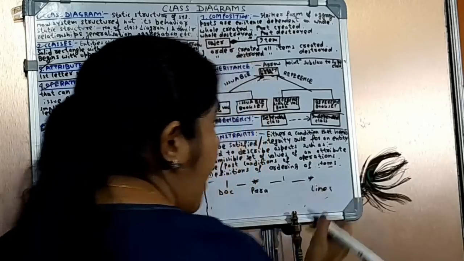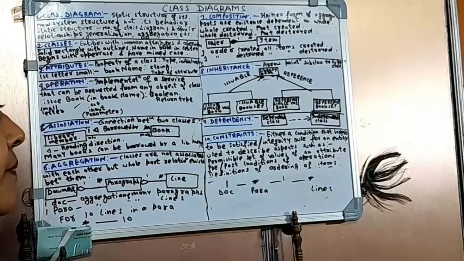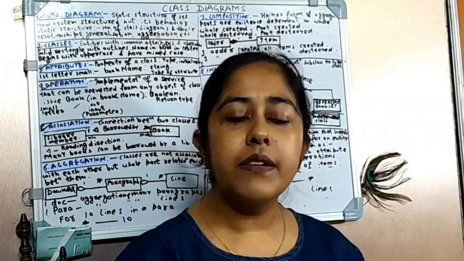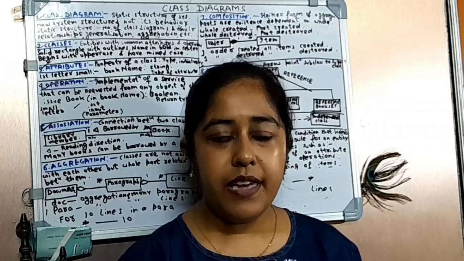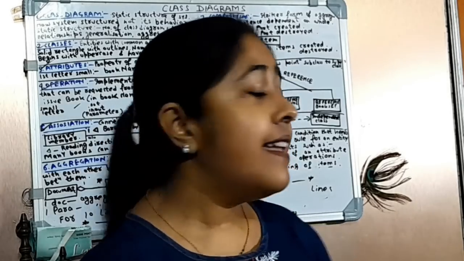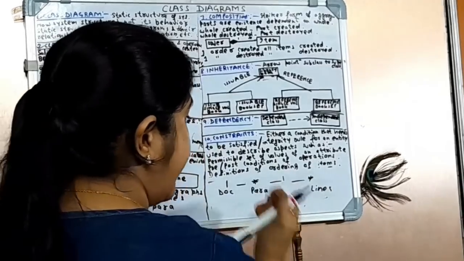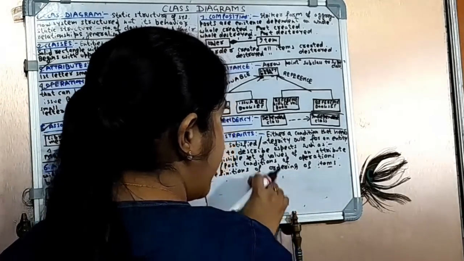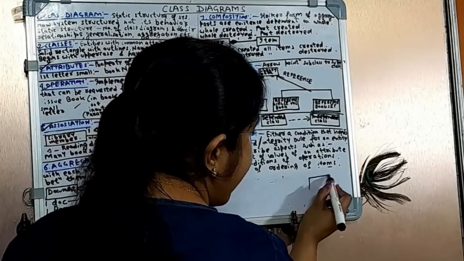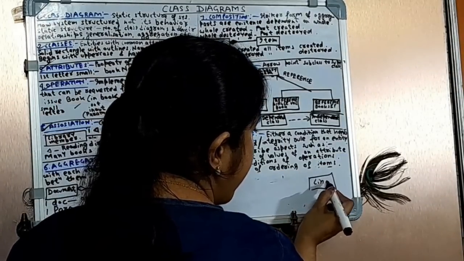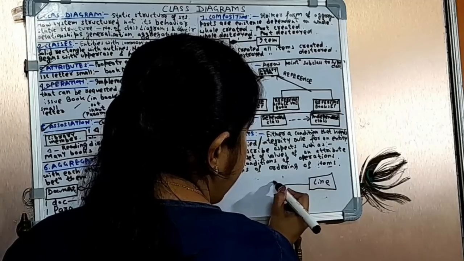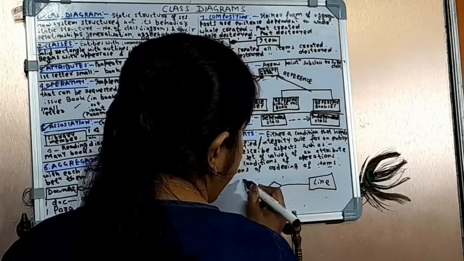But if I want to denote that 10 lines will give me a paragraph, then you will show it like this. This is your line, and this is the diamond, again the diamond sign like this, and here the paragraph.